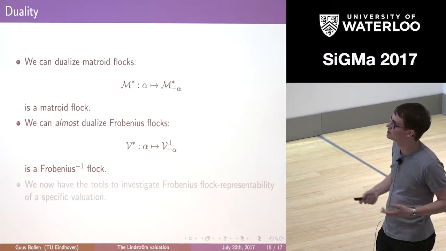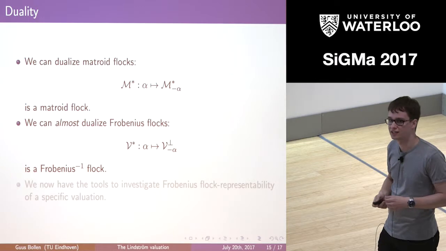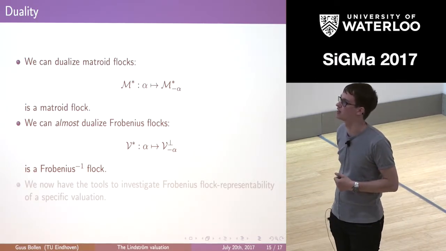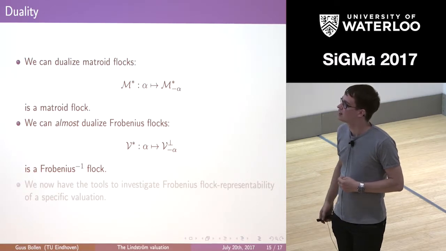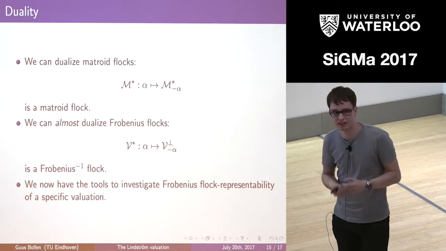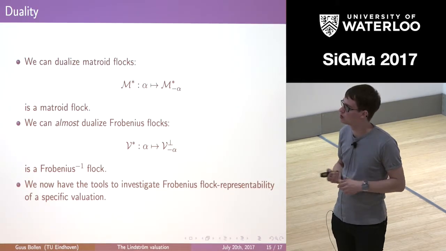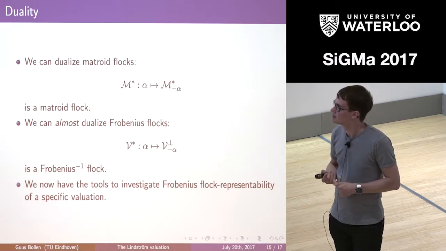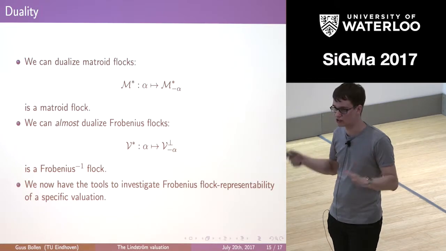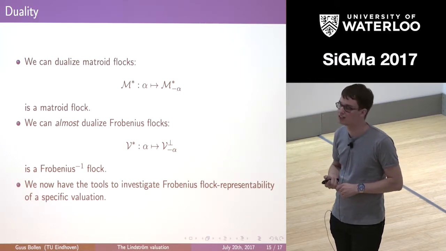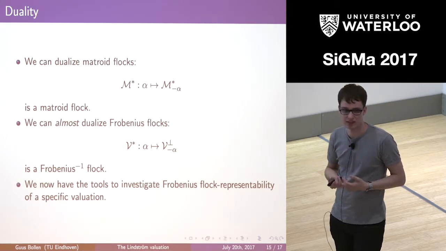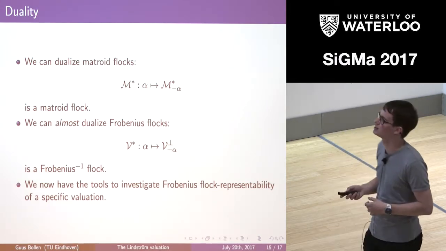And it's an interesting question whether the class of Frobenius flock representable matroids is closed under duality. So this whole framework gives us extra tools to investigate Frobenius flock representability based on just valuations, and hence also to attack the problem of algebraic representability.